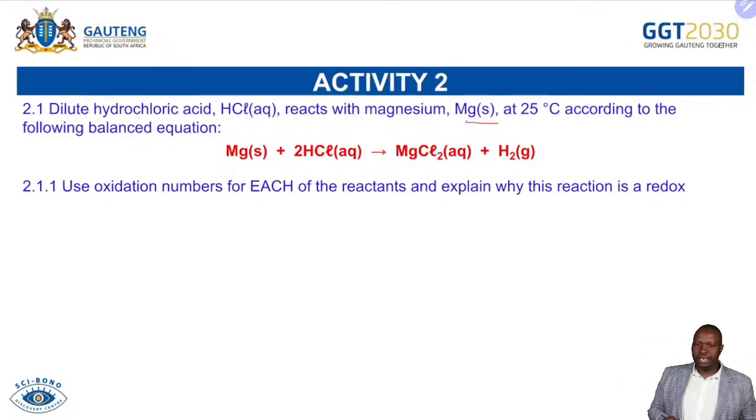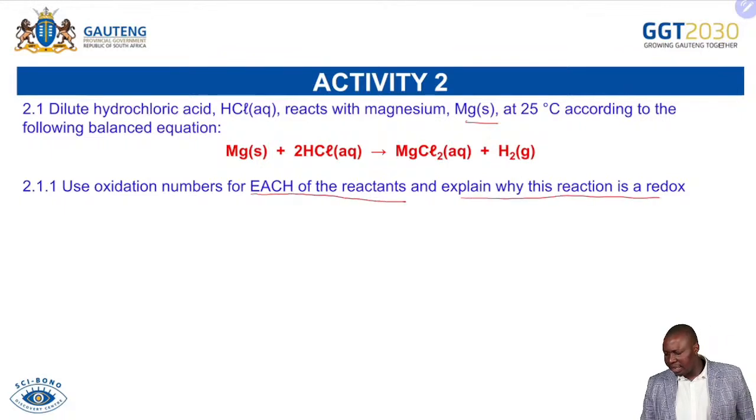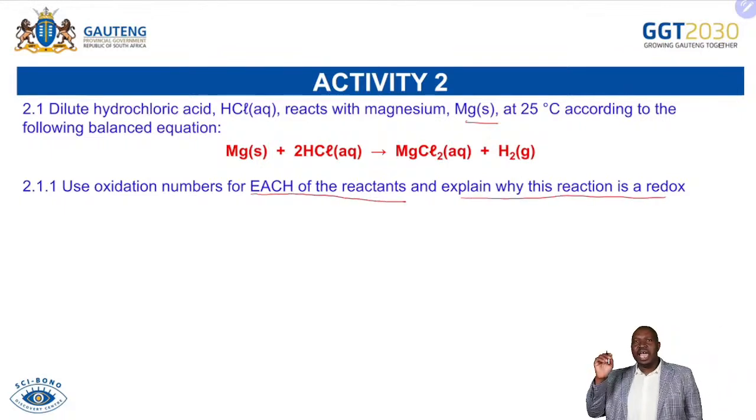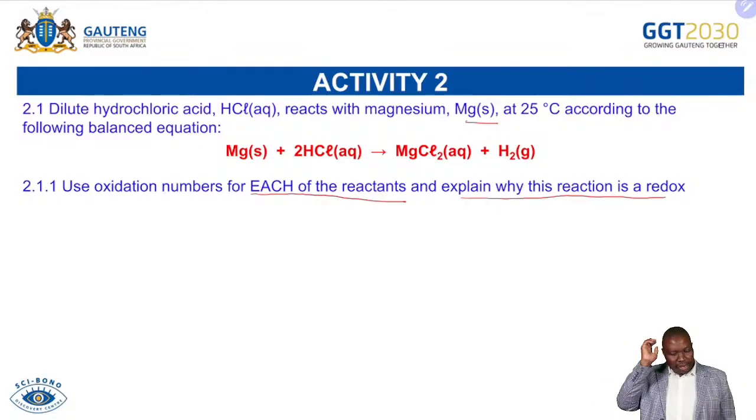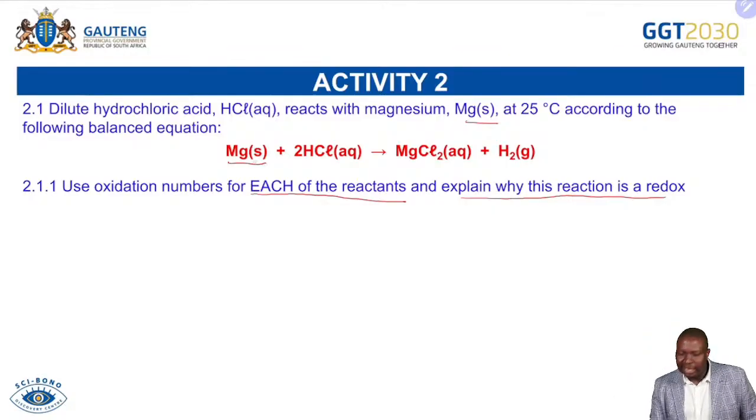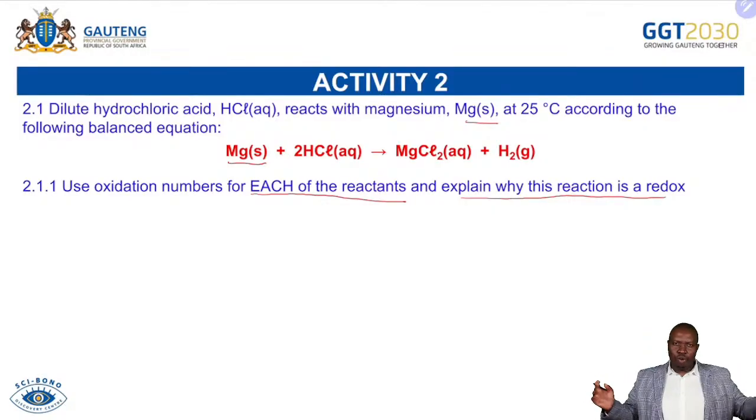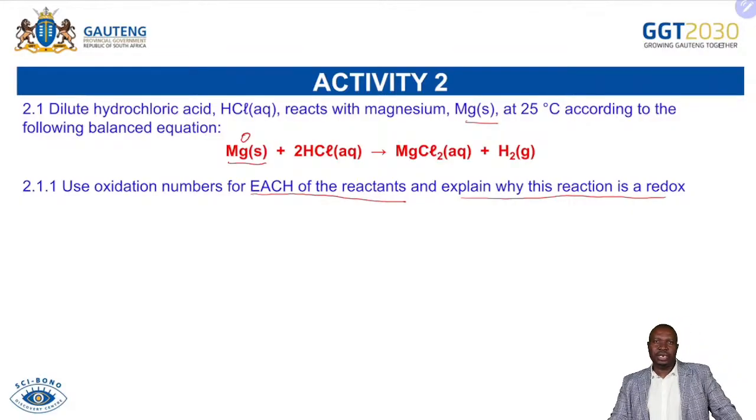Use oxidation numbers for each of the reactants and explain why this reaction is a redox. So they told you that you must use the oxidation numbers of your reactants. Our first reactant there is magnesium alone. Remember, alone. When free elements, according to oxidation numbers, a free element has an oxidation number of 0. So that will be the oxidation number of magnesium.